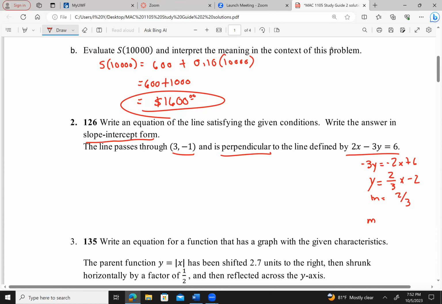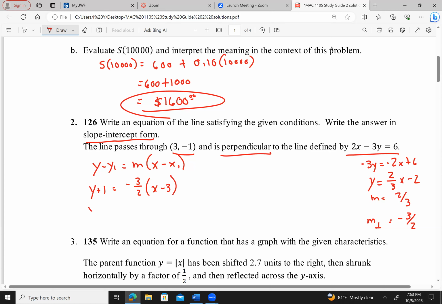So the slope for a line perpendicular to it would be the negative reciprocal, -3/2. So then I go to my point-slope formula, which is y minus y1 equals m times x minus x1. So I have y minus -1 equals -3/2 times x minus 3.